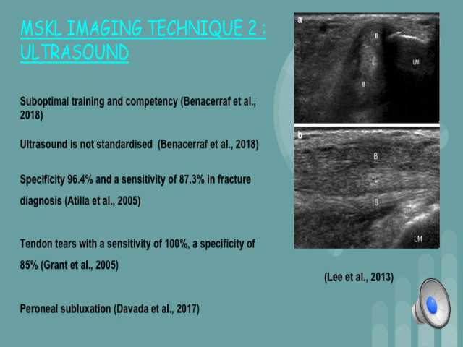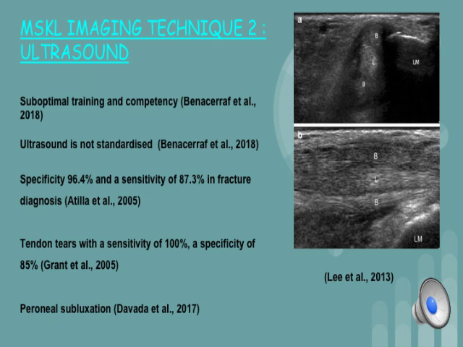Ultrasounds have been shown to be useful in the diagnosis of fractures, and the accuracy for detecting fractures in patients who had them was very high, with a specificity of 96.4 and a sensitivity of 87.3. Ultrasound has a high sensitivity, accuracy and positive predictive value for the diagnosis of peroneal tendon injuries.